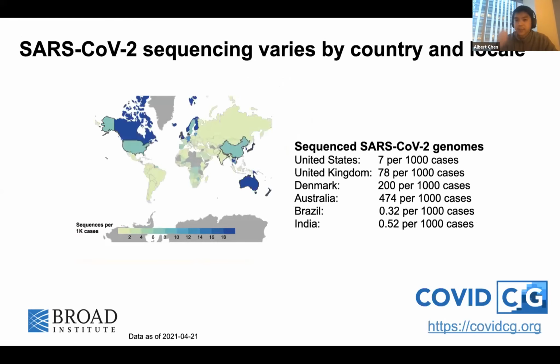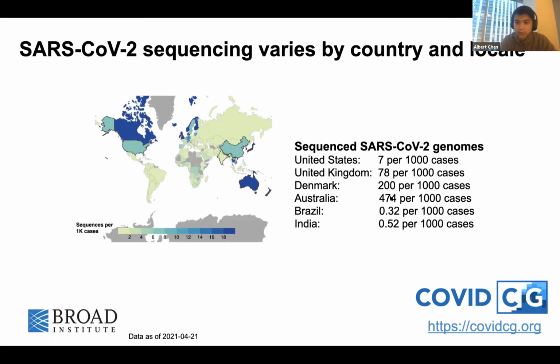And this sequencing actually happens at various different efforts around the world. Here I'm showing a map where the darker colors represent more sequencing done relative to the number of positive COVID-19 cases. Whereas the US sequences about 7 out of 1,000 positive COVID-19 cases, the UK sequences almost 10 times the amount.